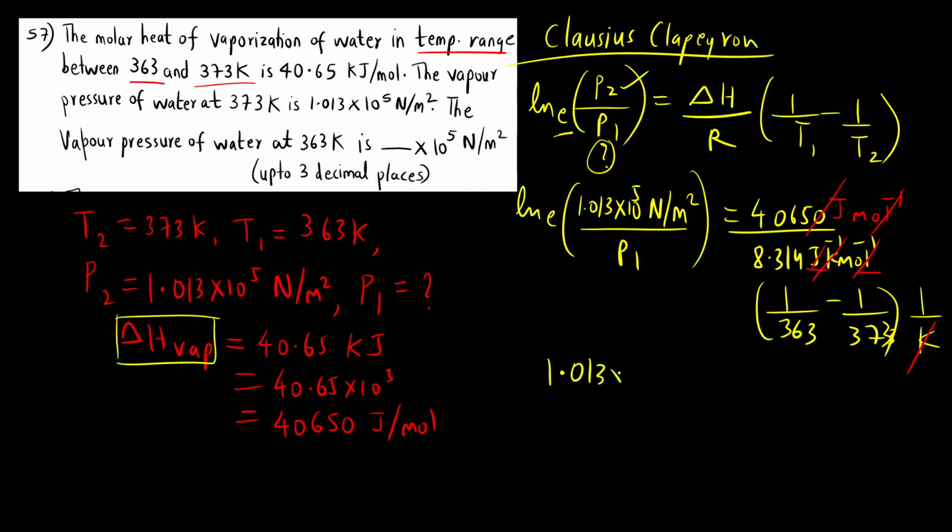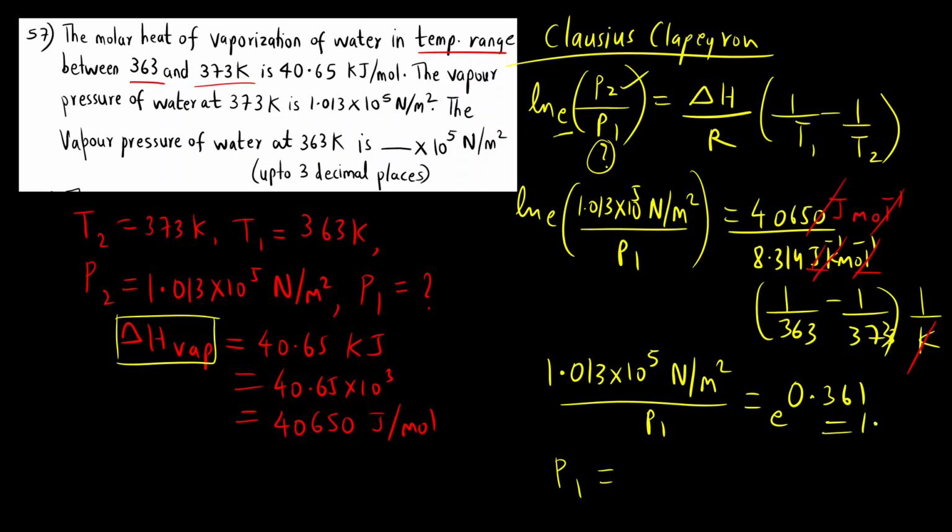Finally, this value 1.013 into 10 raised to 5 Newton per meter square divided by P1 comes out to be 0.361. How will you find the value of P1? This is e raised to 0.361, which is 1.435.